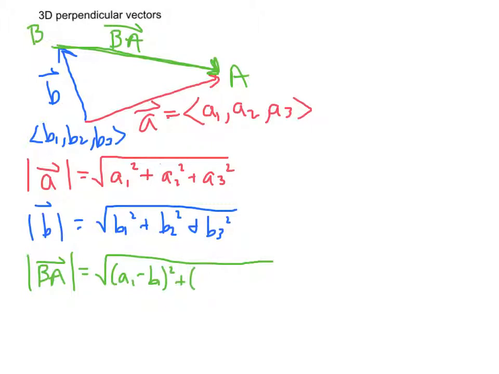Then we'll find the y distance, which will be A2 minus B2, and square that. And then we'll find the z distance, which will be A3 minus B3, and we'll square that. So this is the magnitude of that hypotenuse vector.